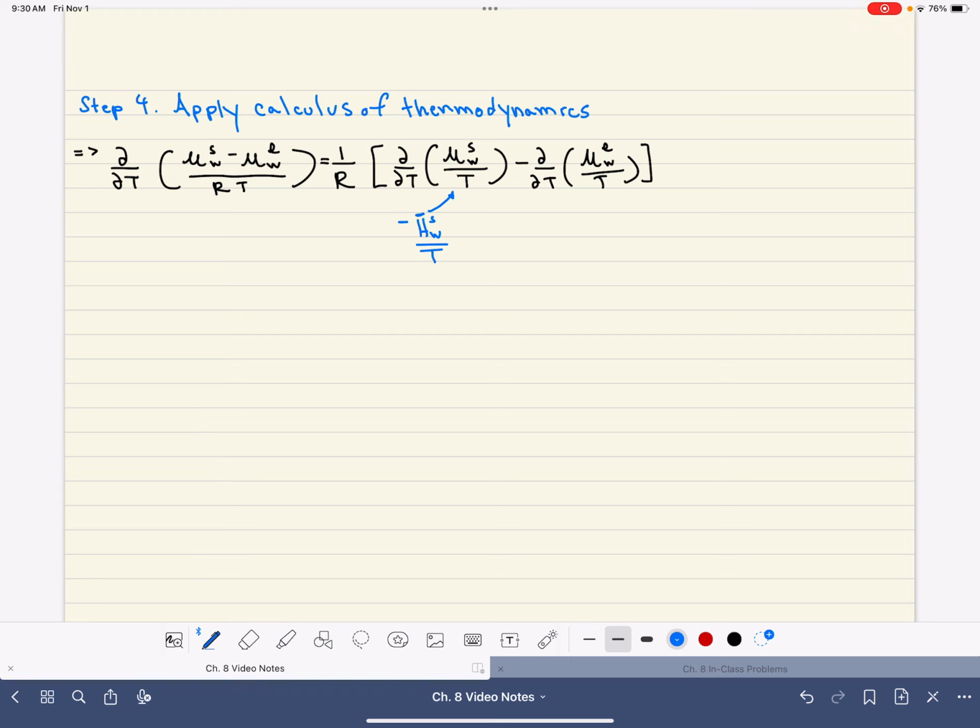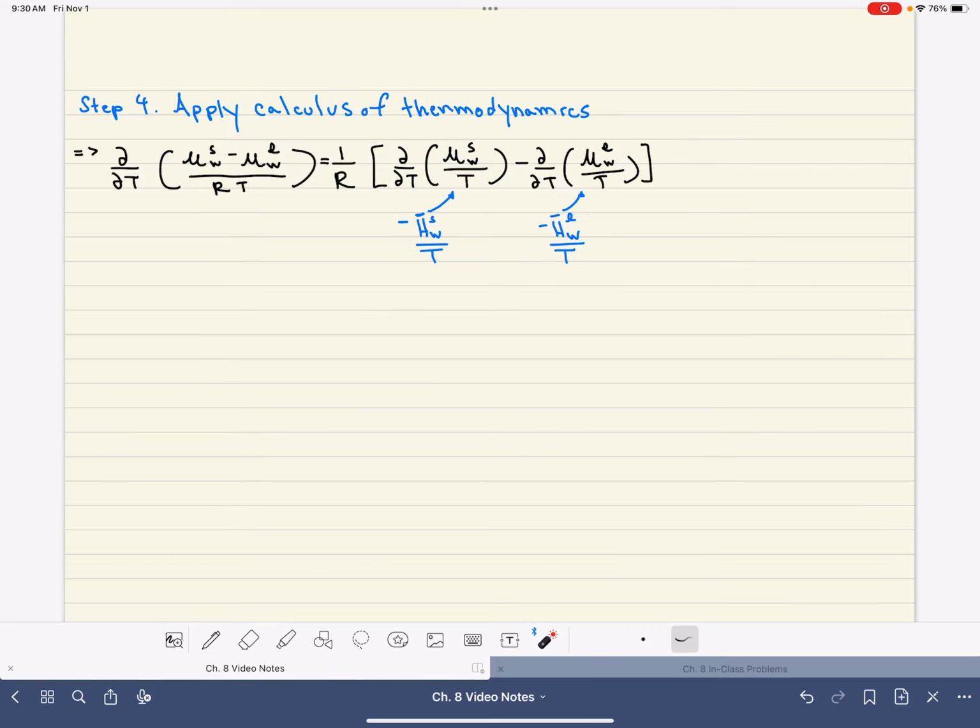Right? Similar here, this is the partial molar enthalpy of water in the liquid phase over temperature.